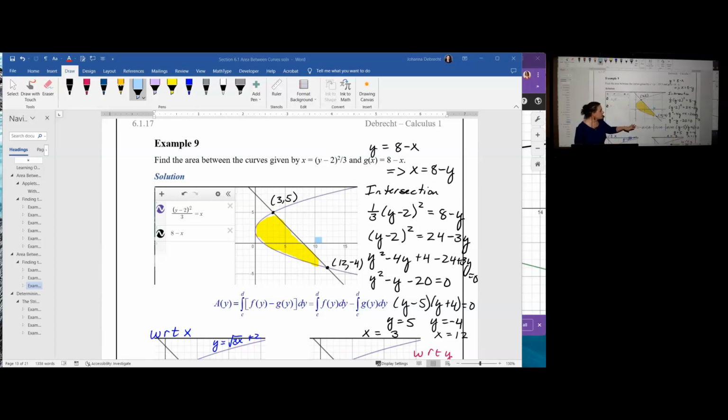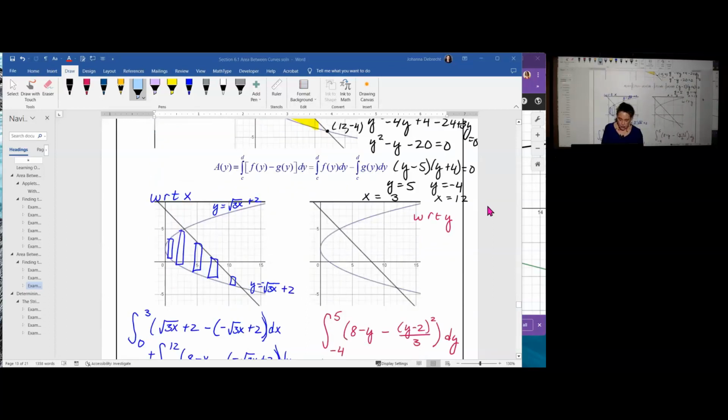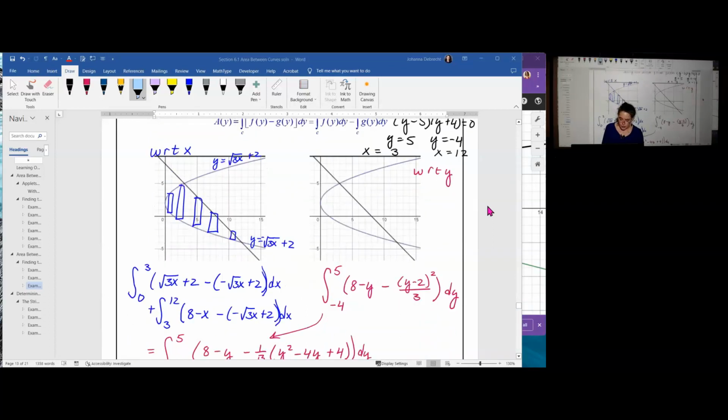Now that I had the intersection points of (3, 5) and (12, -4), I took a look at what it would take to integrate with respect to x or with respect to y. With respect to x, we draw the strip vertically. It sounds counterintuitive, but the narrow end is the differential dx.